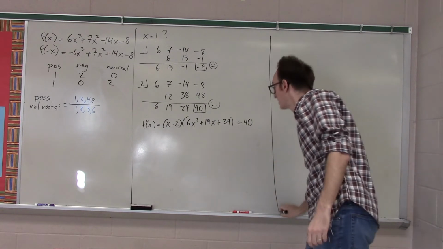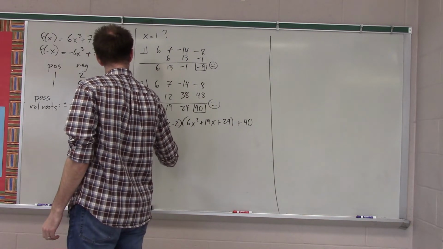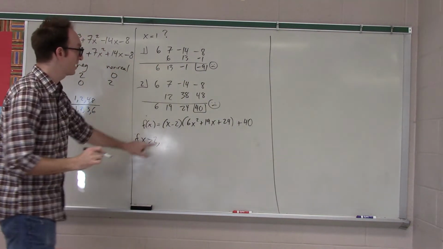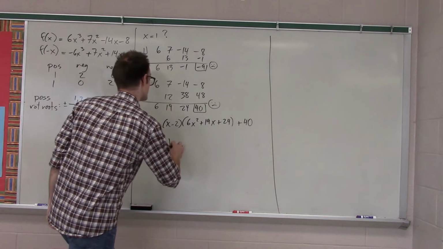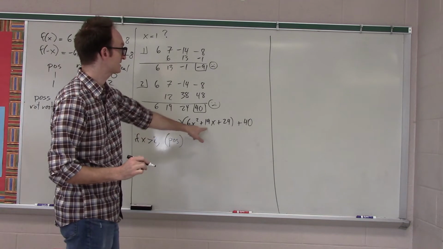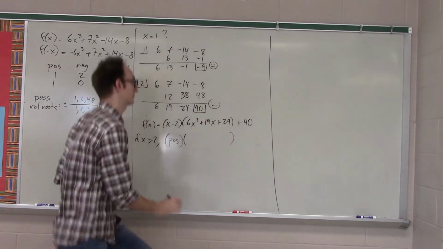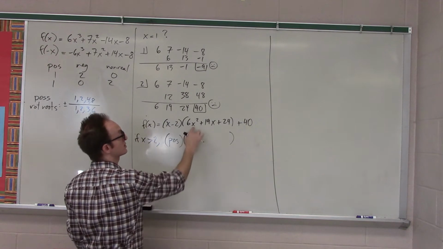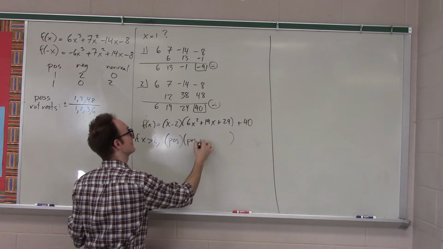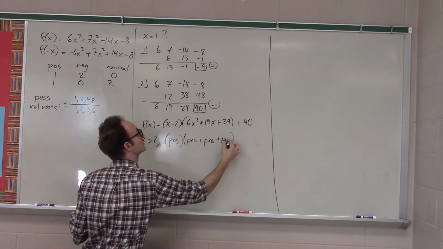And that's because if I take a number that's bigger than 2, well then x minus 2 is positive. And if I plug that positive number into this quotient, then I'm also going to get something positive, because if x is bigger than 2, then 6x squared is positive, and 19x is going to be positive, and of course 24 is positive.